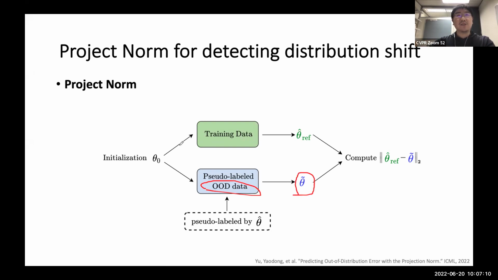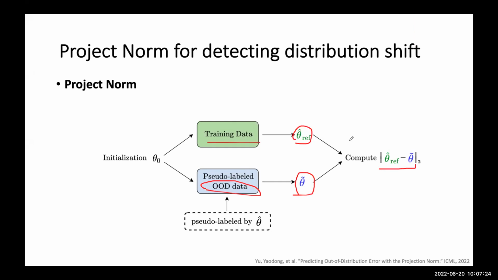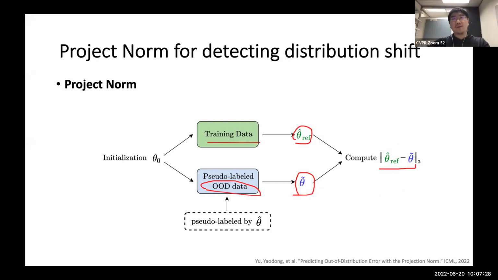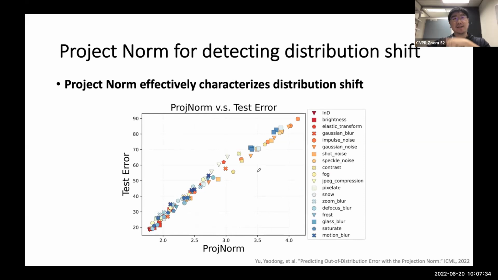And they also use the training data to train this model parameterized by this data. And they simply calculate the L2 distance between the weights of these two models. And these weights can be very well correlated with the classification accuracy on out-of-distribution data, as shown in this graph.